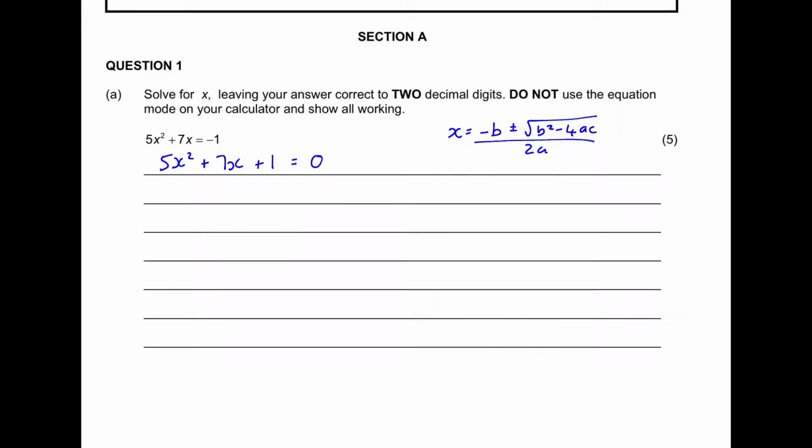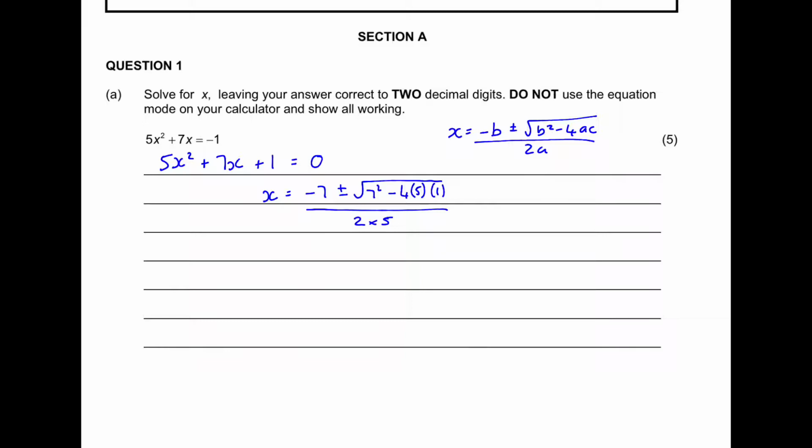All right, so I'm going to substitute the values into that equation. So x equals negative 7 plus or minus the square root of b squared, which is 7 squared, minus 4 times a times c, and that'll all be over 2 times a, which in this case is 5.